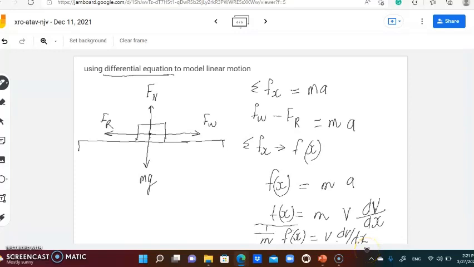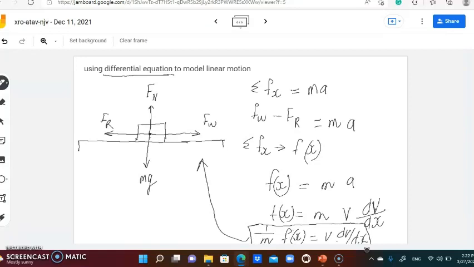And so when expressed in this form, this becomes a differential equation. And I am using my differential equation here to model some object that, of course, is in motion.